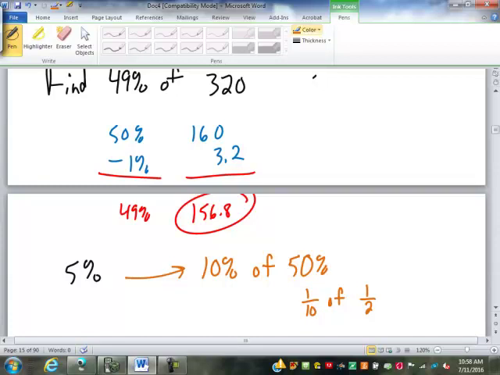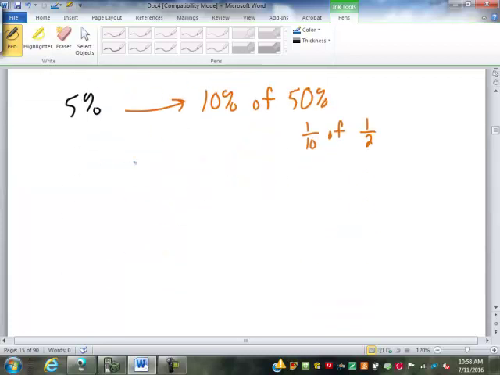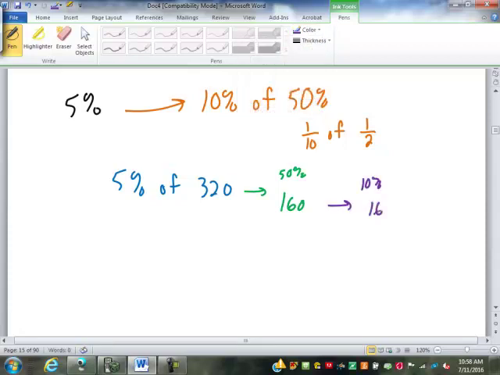What do I mean by that? Find 5% of 320. Well, first I'm going to find 50%, which is 160. That's half of 320. Then I'm going to find 10% of that, which is 1/10 or 16. So 5% of 320 is 16.